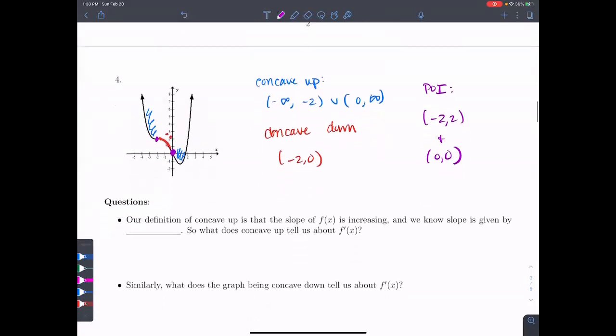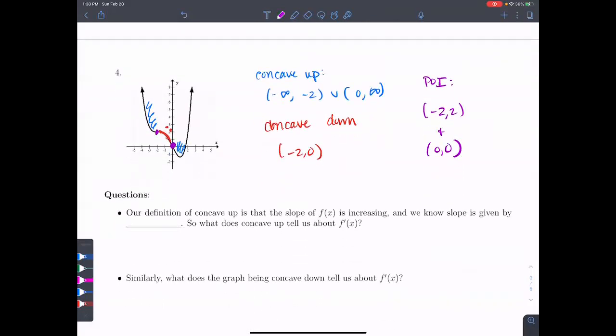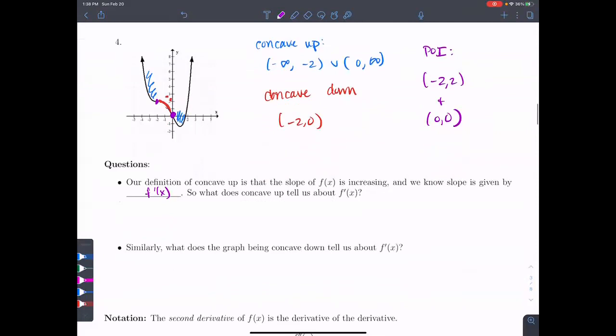Okay, so our definition of concave up is that the slope is increasing, and slope is given by f prime of x. So what does concave up tell us about f prime of x? That the derivative of f prime is positive.